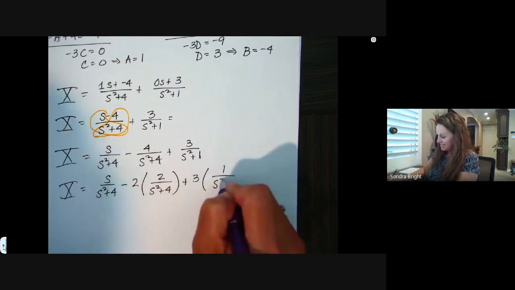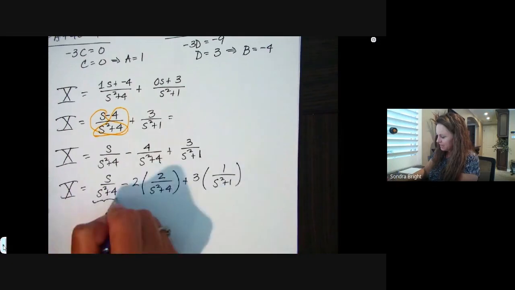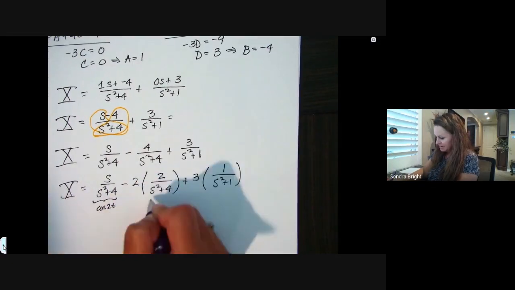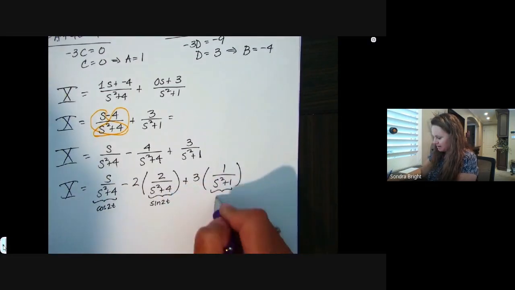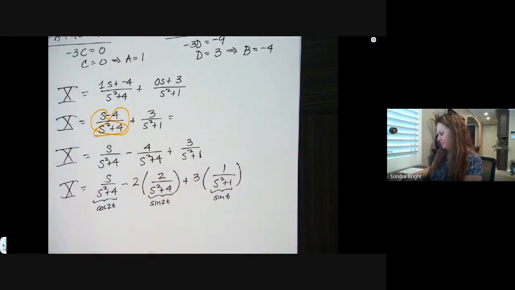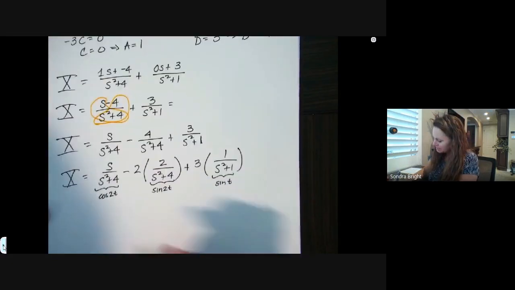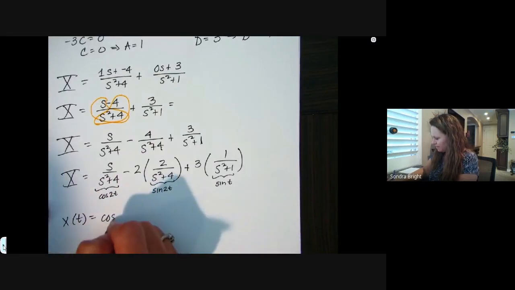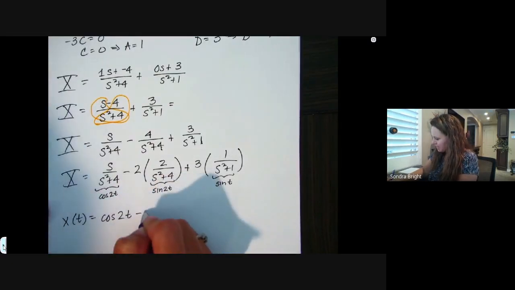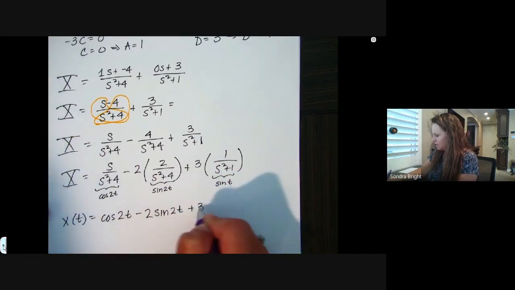Because then this guy is cosine of 2t, this guy is sine of 2t, and this guy is sine of t, because these are the Laplace transforms of these functions. And so that means little x is cosine of 2t minus 2 times sine of 2t plus 3 times sine of t.